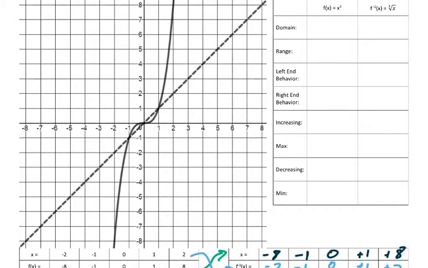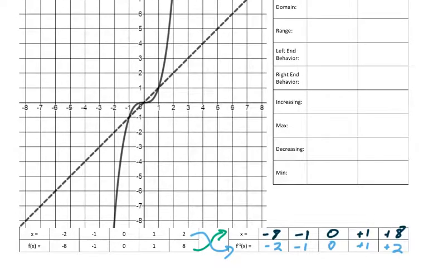Plotting these points, I've got -8, -2 over here. And I've got -1, -1 here, 0, 0, 1, 1. And then also 8, 2. And that's going to look like this.